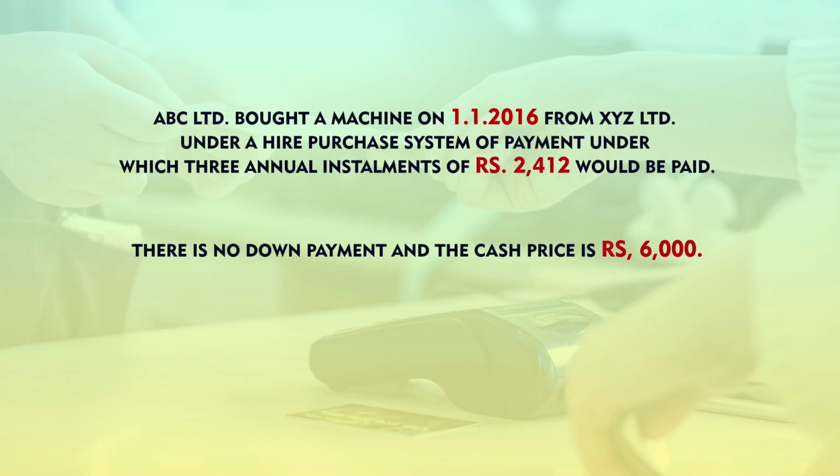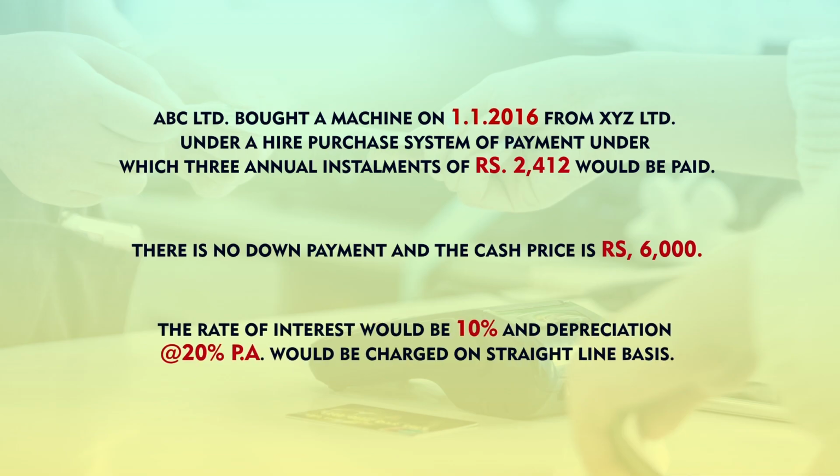There is no down payment and the cash price is rupees 6000. The rate of interest would be 10% and depreciation at 20% per annum would be charged on straight line basis. So, here the depreciation would be charged on the straight line basis. It means the amount of depreciation will remain the same over a period of time.